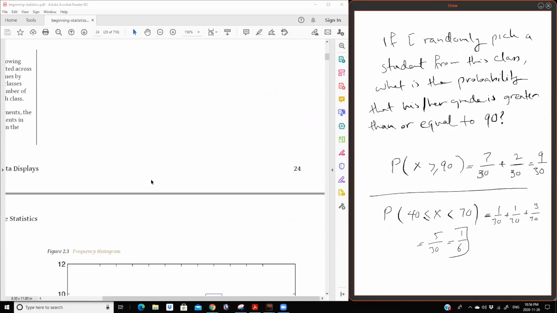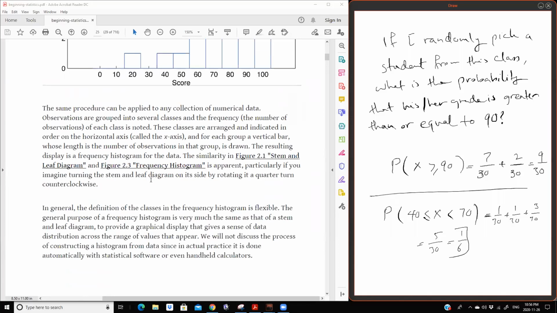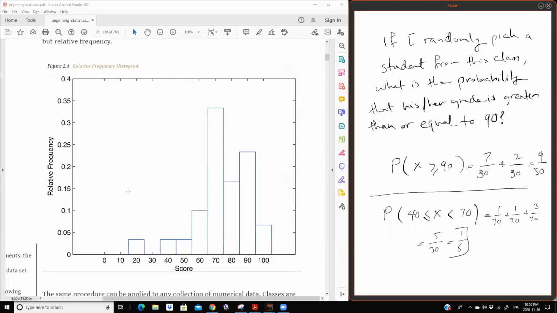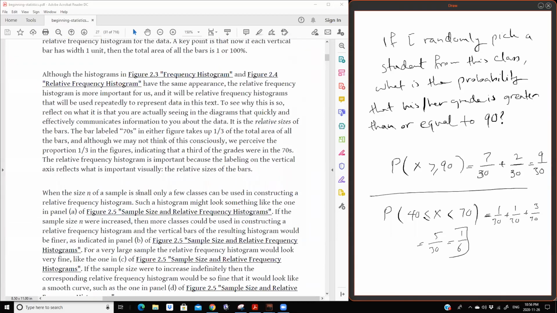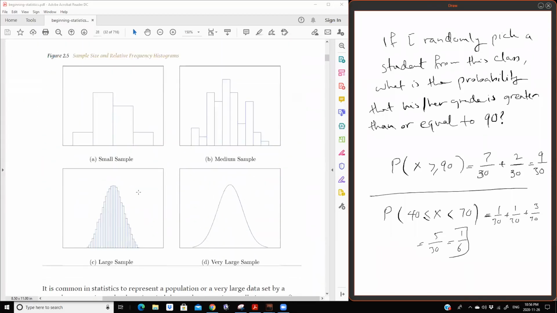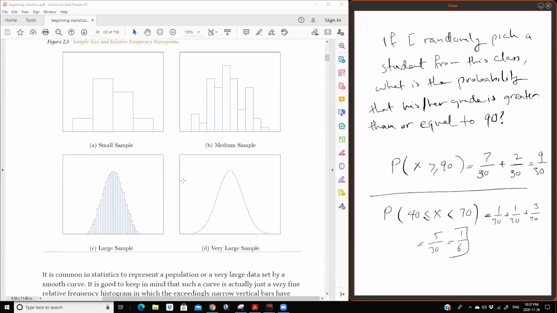So that was histogram. We talked about histogram, frequency, relative frequency histogram. And then if you have a large sample, your relative frequency histogram in many cases is going to be bell-shaped.